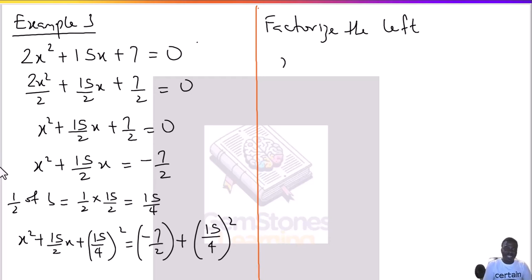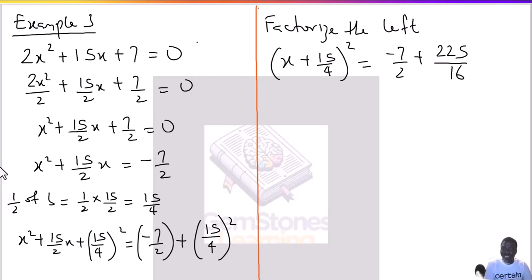That makes it (x plus 15 over 4) all squared is equal to minus 7 over 2 plus 225 all over what? 16. So from here, I can go ahead and solve my right-hand side.